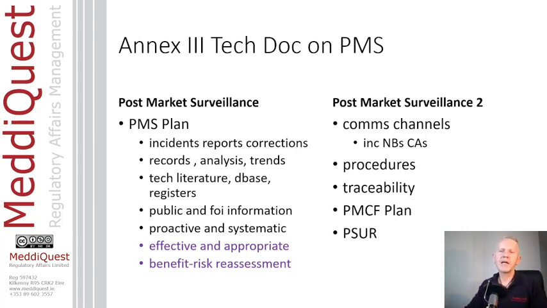Your product's actually better than you thought it was. And not only that, maybe the benefits are greater. Maybe it's finding greater user acceptance than you thought it was. These are all things that you need to report. These all come into your post-market surveillance.